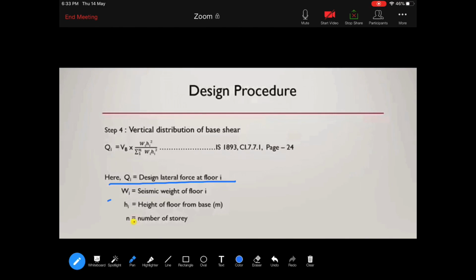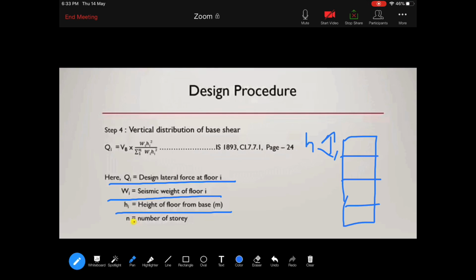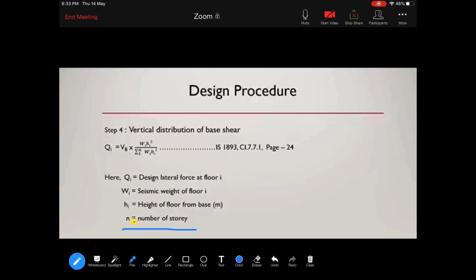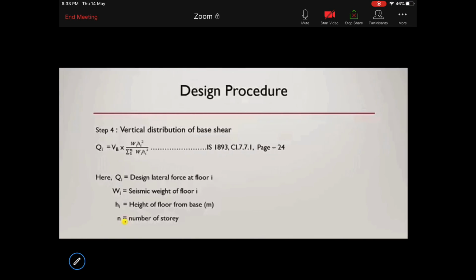What is Q? Design lateral force. WI is seismic weight of floor. H is height of floor from base, and number of story like this, and height like this. So I think you are getting my concepts. Thank you.